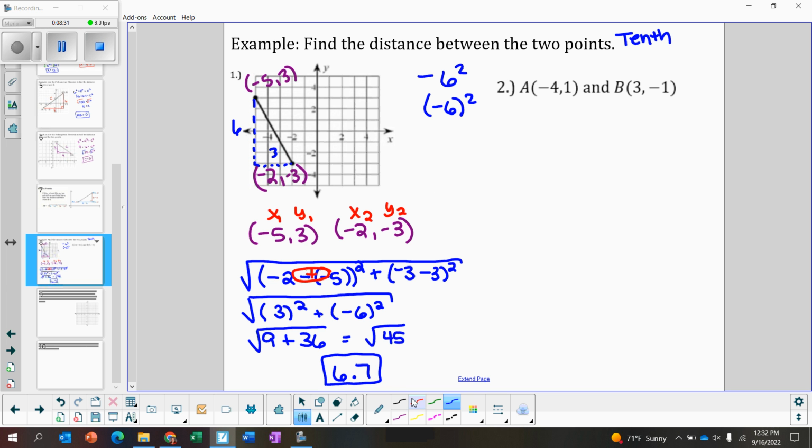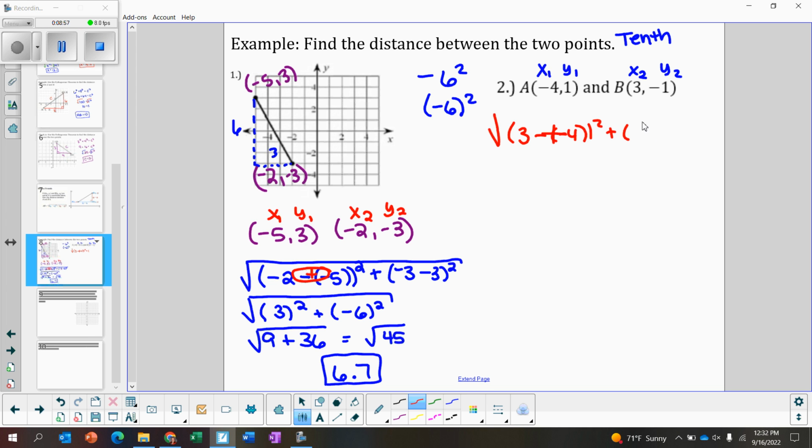This just gives us the points. So let's label x sub 1, y sub 1, x sub 2, y sub 2. So that's going to be 3 minus -4, which again, minus minus, we could turn into plus.